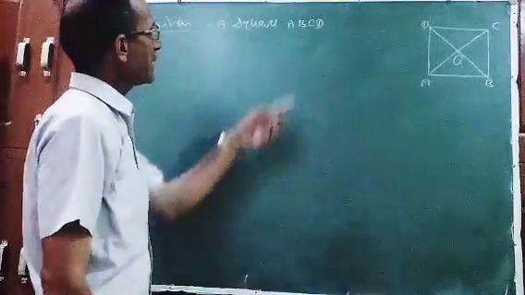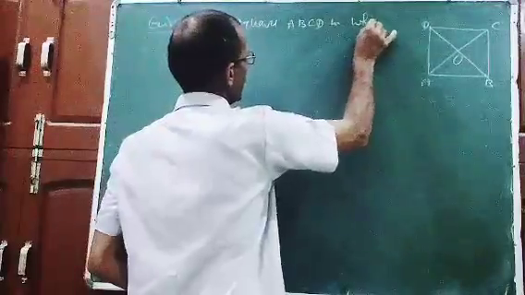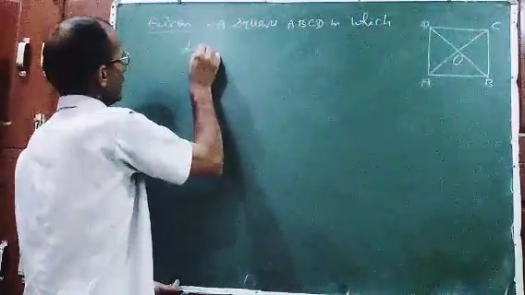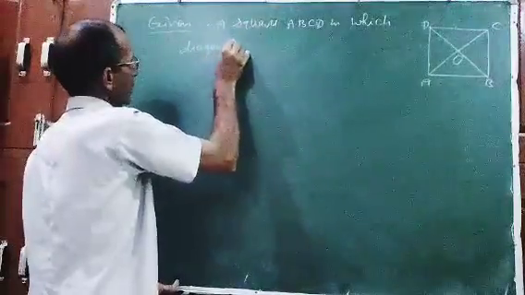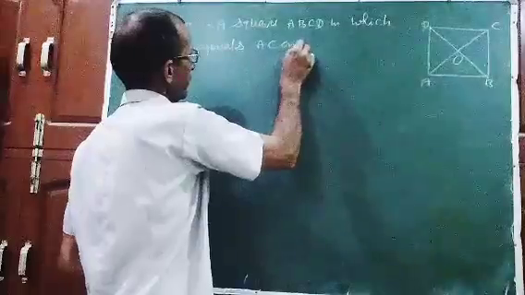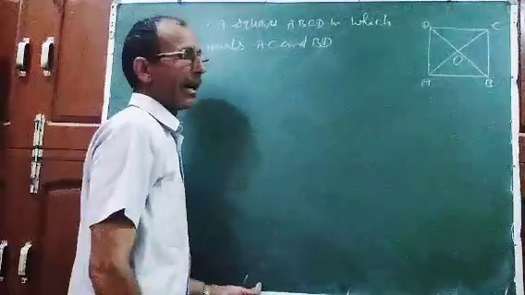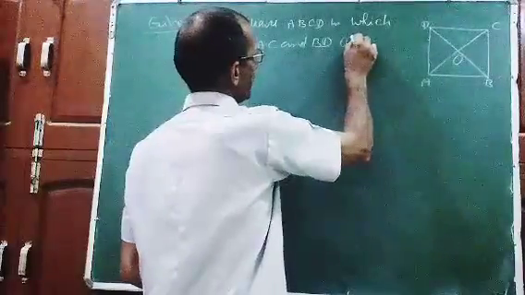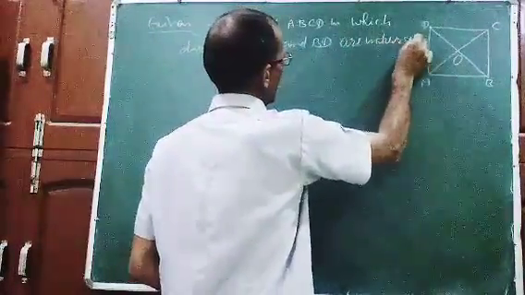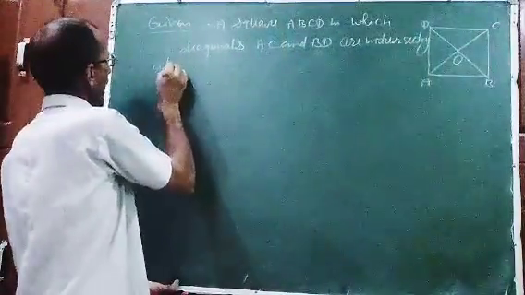A square ABCD in which diagonals AC and BD are intersecting at O.